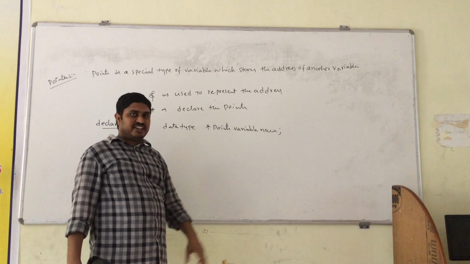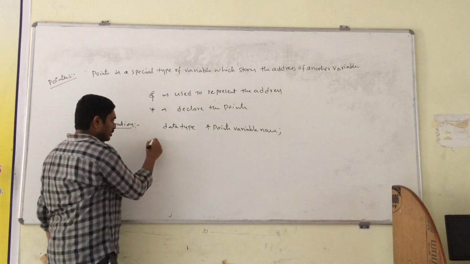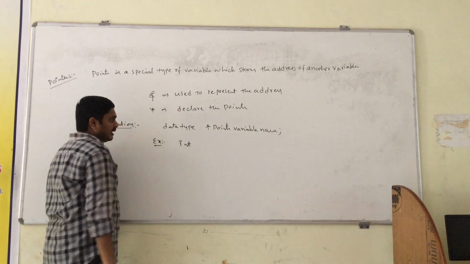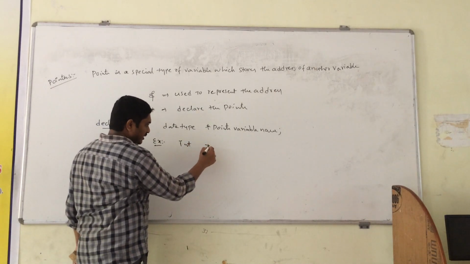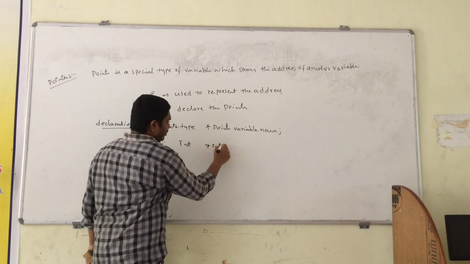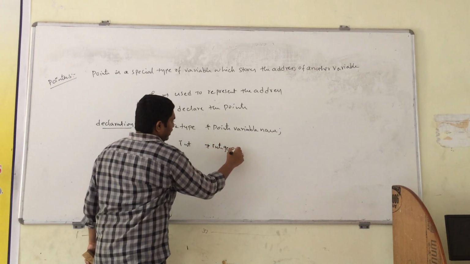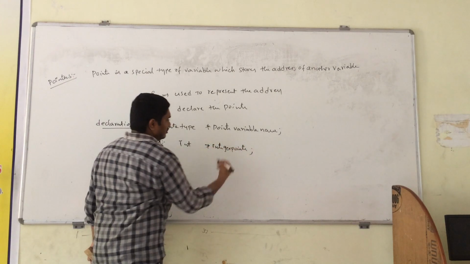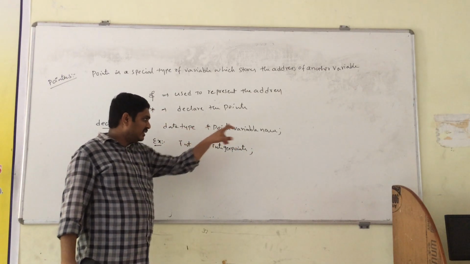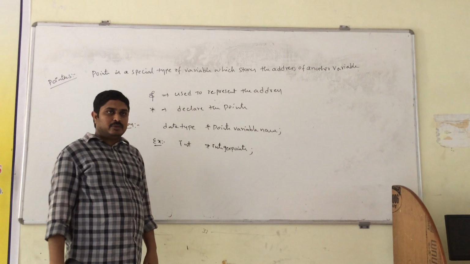Next, pointer variable name. Example: data type, asterisk, pointer variable name.